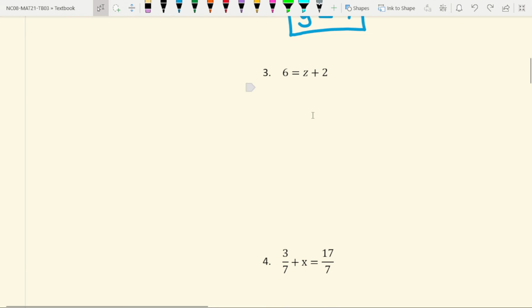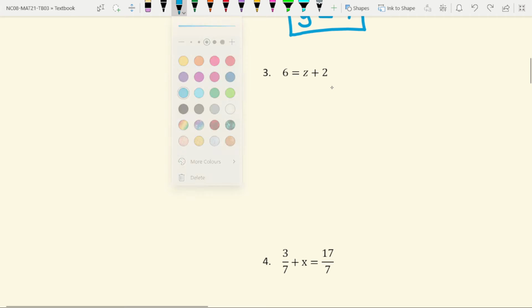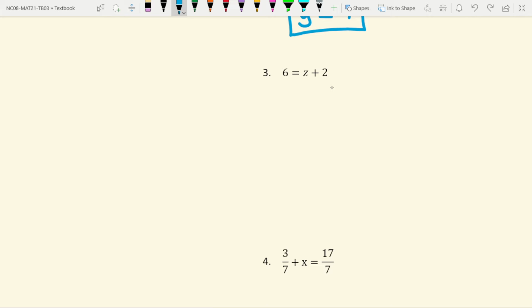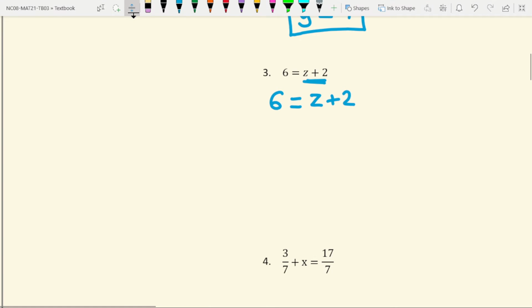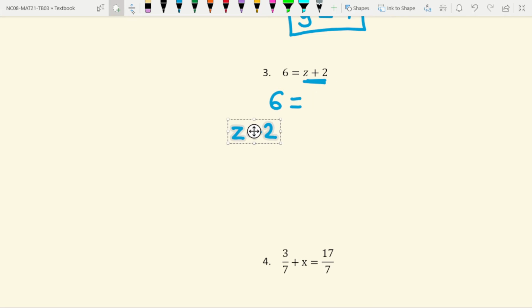The next equation given is 6 is equal to z plus 2. Let us ask the question: where is the unknown term? The unknown term should always be in LHS, but here they have given it in RHS. So we will shift the whole RHS, z plus 2, to LHS, and the whole LHS, 6, to RHS.